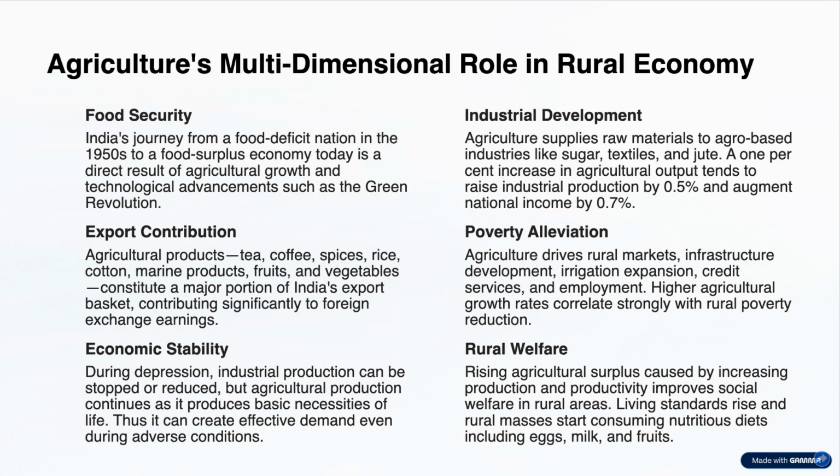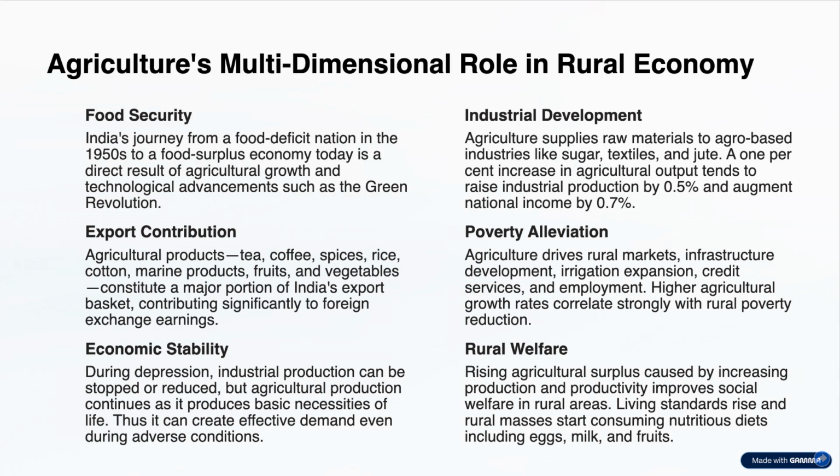Now coming to rural development and poverty alleviation. Agriculture drives the rural market, infrastructure development, irrigation expansion, credit services, and employment. Higher agricultural growth rates correlate strongly with rural poverty reduction. Then the next is export contributions, how these sectors contribute to foreign exchange or other trade.